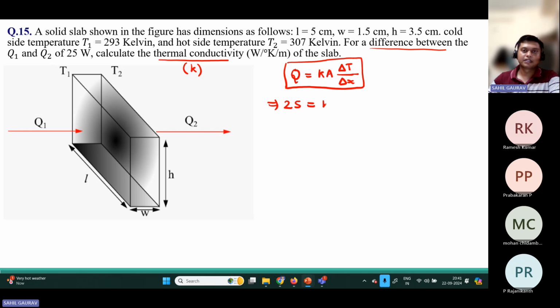So 25 is given, K we have to find, and area we got from length and width. So area will be 5 into 1.5 into 10 to the power minus 4. And how much is delta T? Delta T is 307 minus 293. And then delta X will be this height.